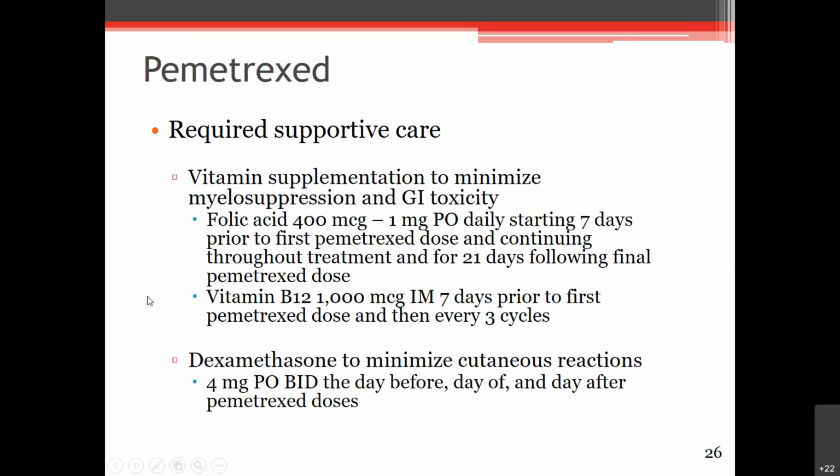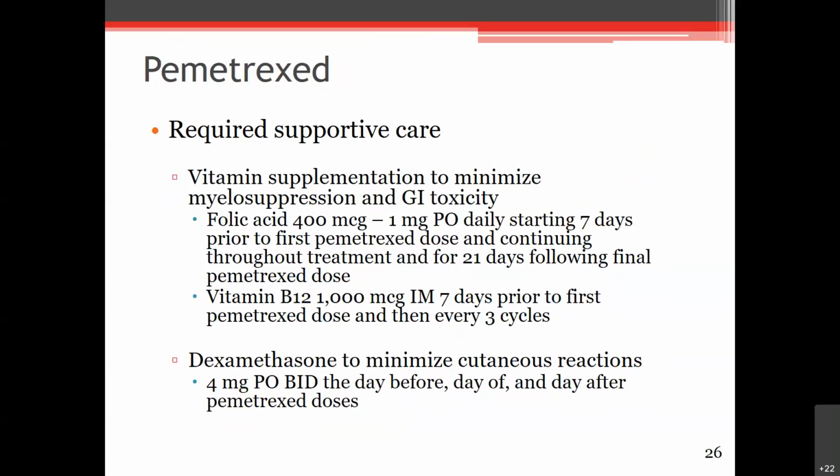There is some required supportive care that goes along with pemetrexed. So first we have vitamin supplementation, and this helps to minimize myelosuppression as well as GI toxicity. So patients should take folic acid once a day, starting a week before their first pemetrexed dose, and then they'll continue that throughout treatment and for 3 weeks after the end of their pemetrexed.